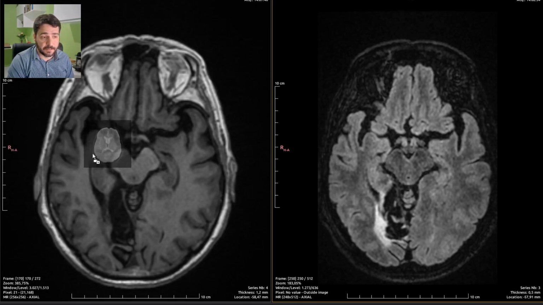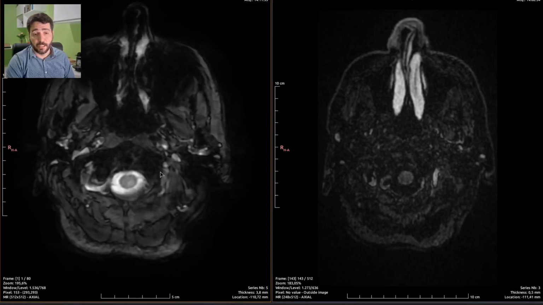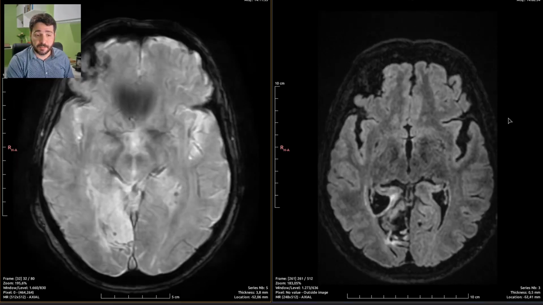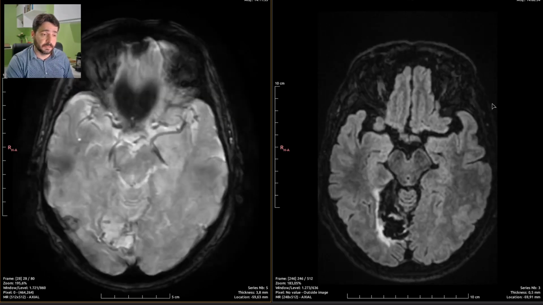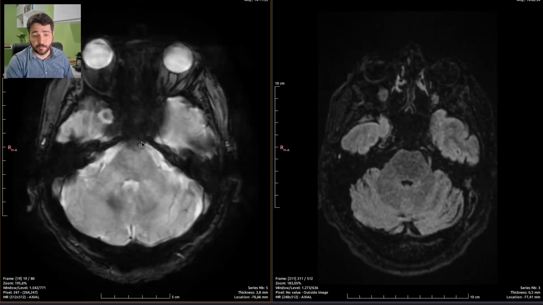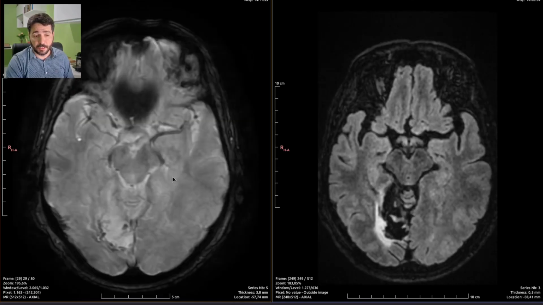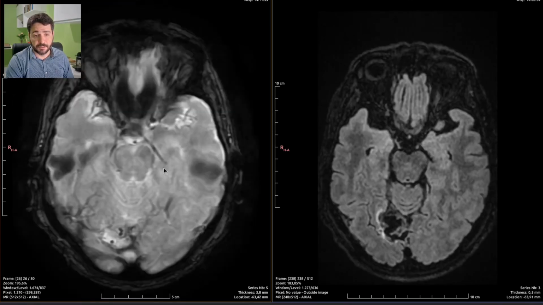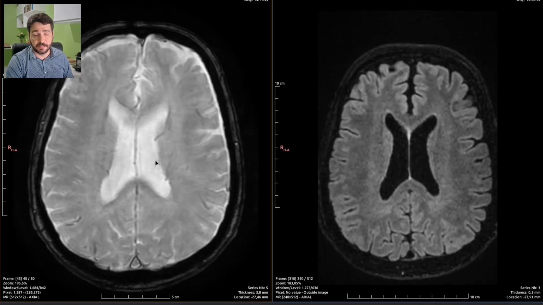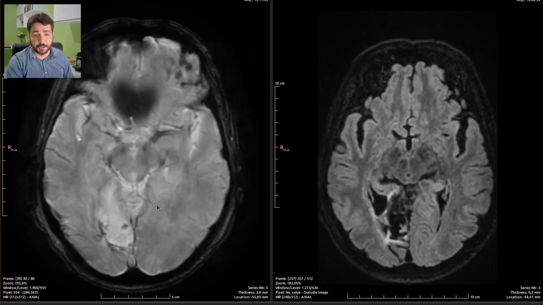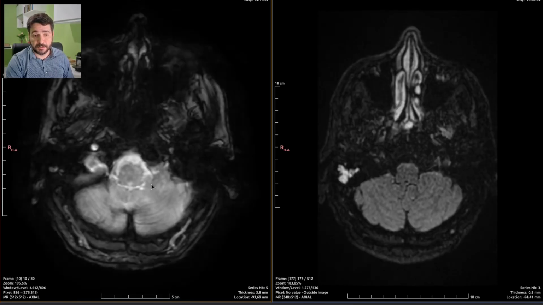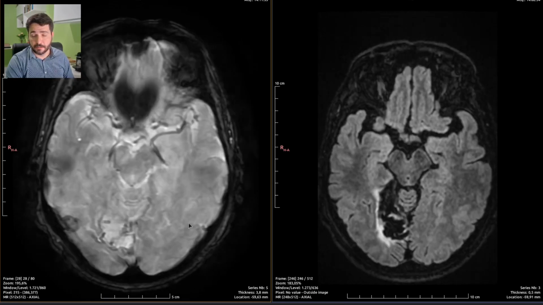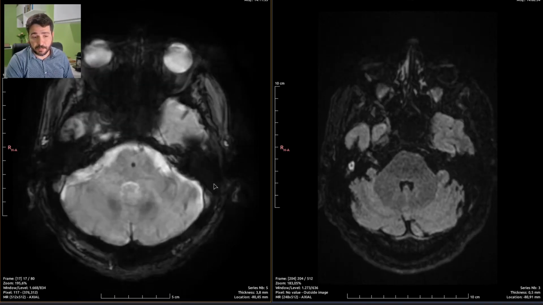So let's see a hemosiderin oriented sequence. This is a SWAN sequence. This is a sequence oriented to artifacts, magnetic susceptibility artifacts. This is supposed to catch mineral deposits and blood deposits on all kinds of lesions.